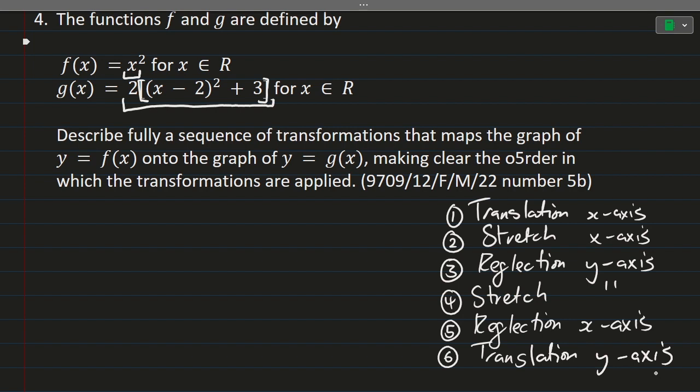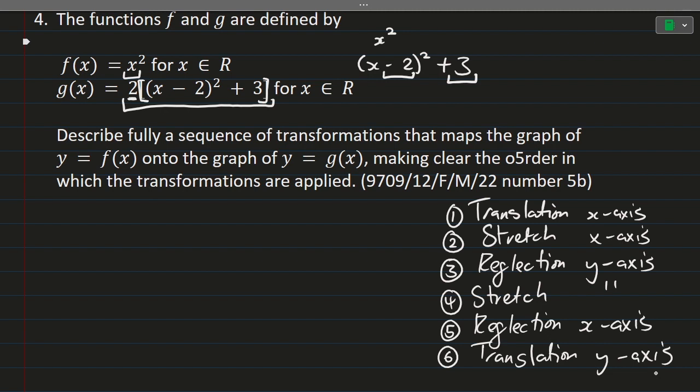We have (x minus 2) squared plus 3, and we started with x squared, so it means here we translated in the x direction by 2 units, and then here we translated in the y direction by 3 units. Then we also have this 2 that's outside the bracket, that is a stretch in the y.